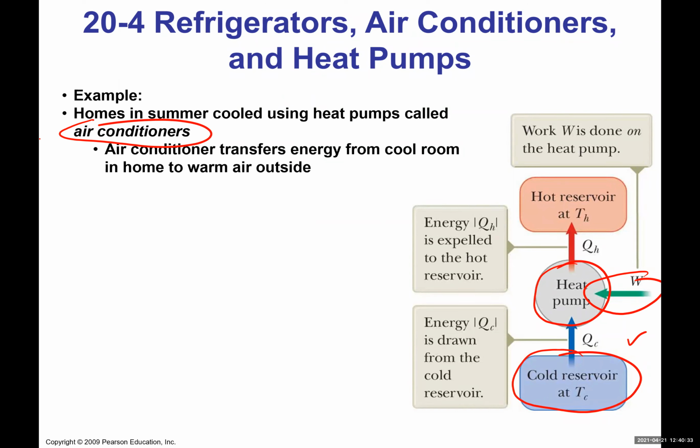The air conditioner uses all of those things to cool down your room. Most air conditioners come in two units. One unit is inside the house, another unit is outside of the house. We sometimes call it a split system.